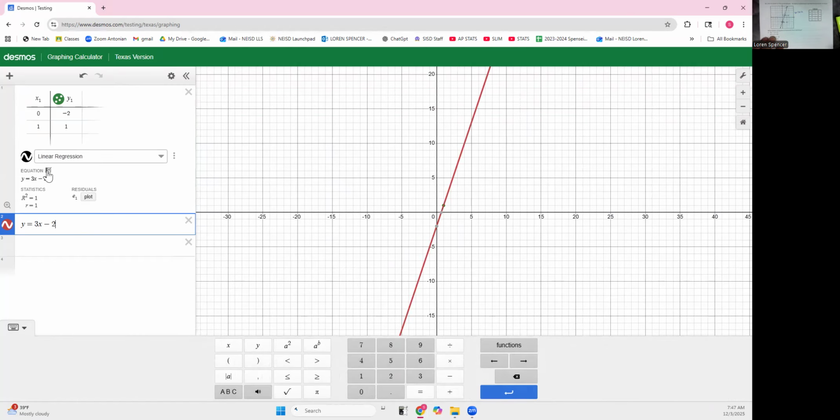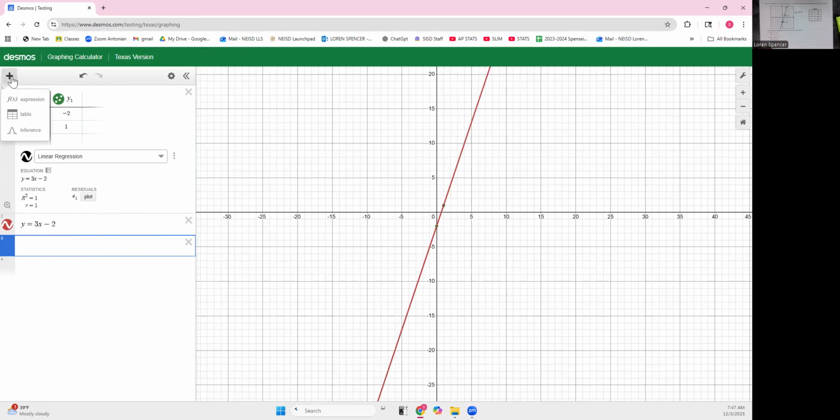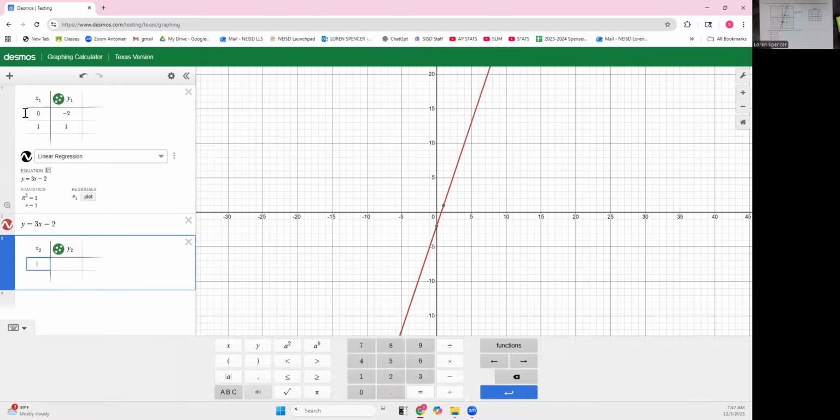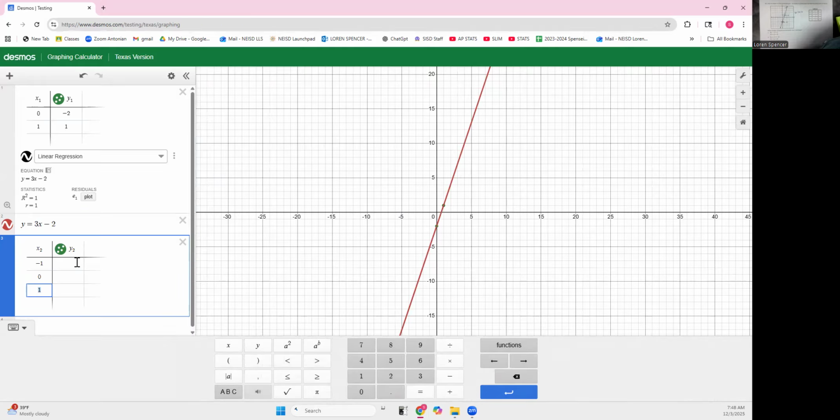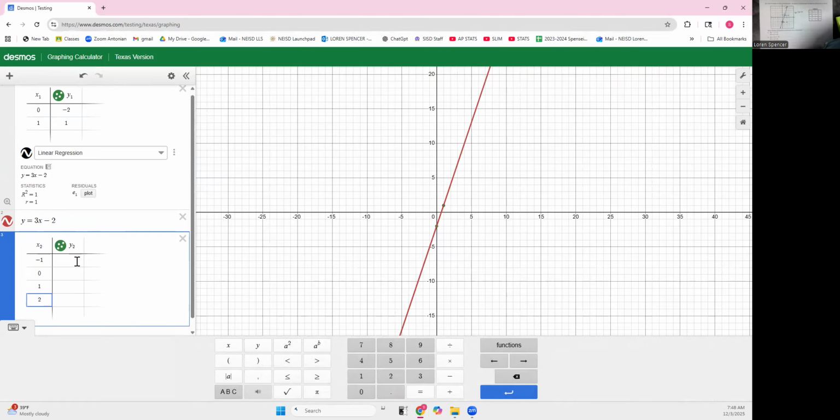That's my first equation. My next equation is from the other table. So I'm going to put in one more table. I'm going to put in -1, enter, 0, enter, 1, enter, 2, enter. And then we have 6, enter, 4, enter, 2, enter, 0, enter.